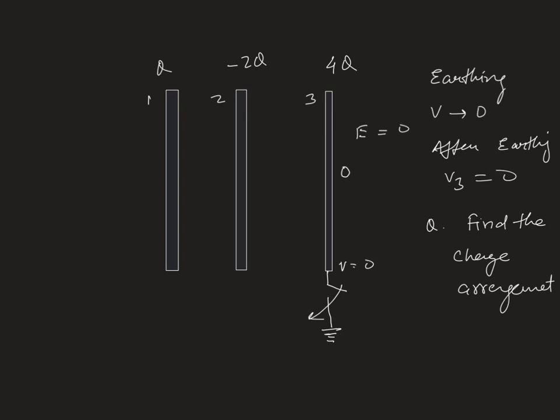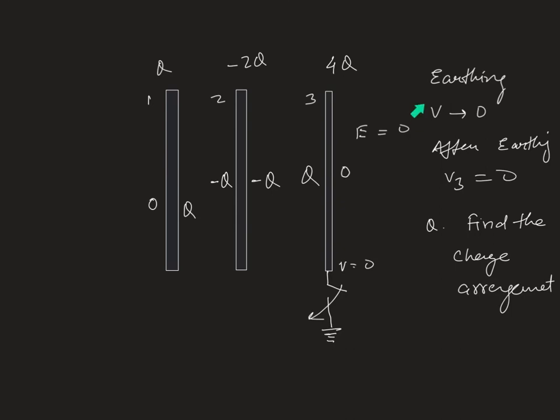If the charge here is 0, then the charge on the leftmost face must also be 0, because we know that the charges on the leftmost and the rightmost faces are always equal. So if this is 0, this one becomes Q, and this one definitely becomes minus Q, this one becomes minus Q, and this one becomes Q, and this one obviously is 0, the last one is 0.